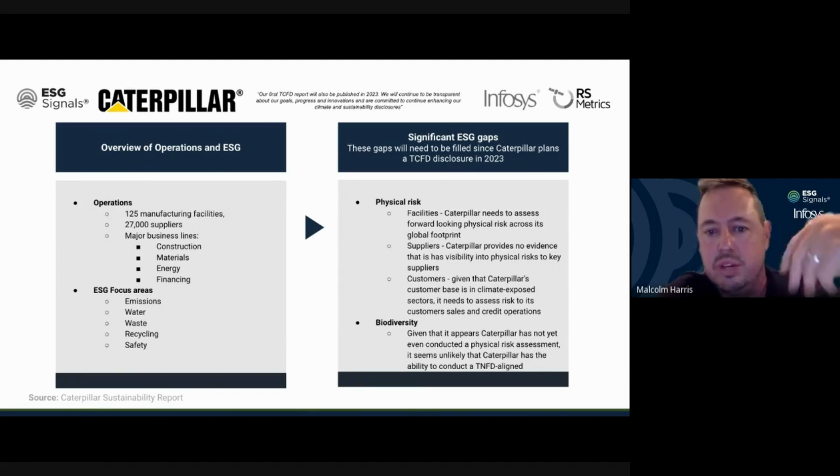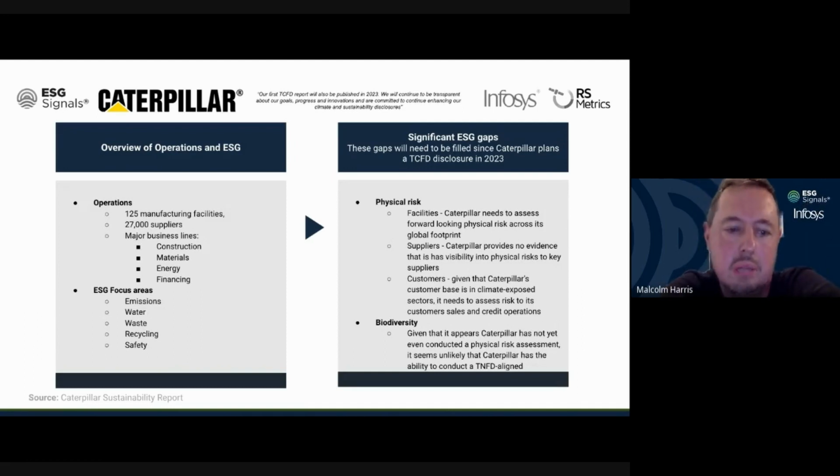When I do my vendor assessment and think about who's going to be supplying me with raw materials and components for my equipment, I would certainly want to understand who's at risk of flooding, who's at risk of fire, and even things like heat waves. The ECB's recent climate assessment of banks pointed out that heat waves can have a significant impact on productivity.